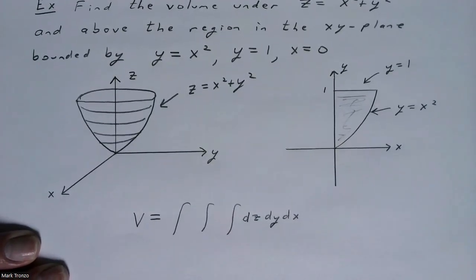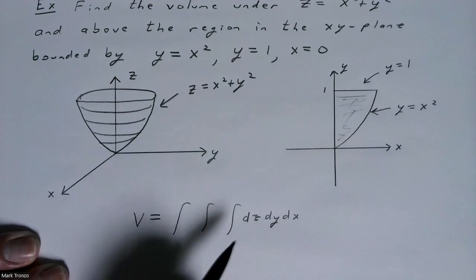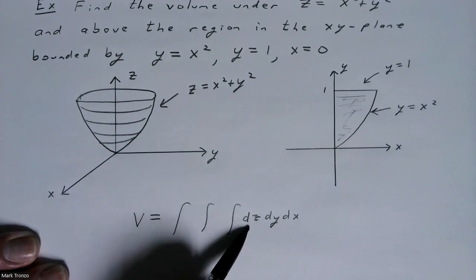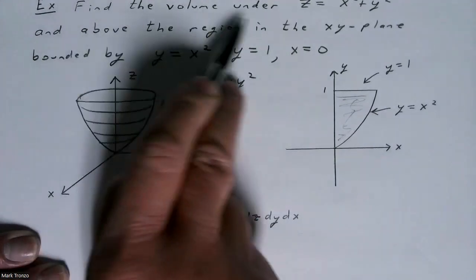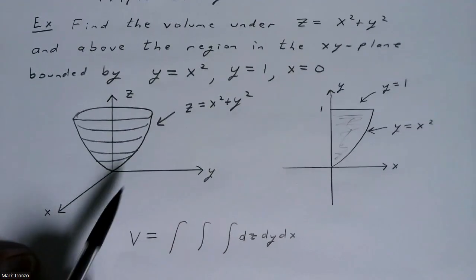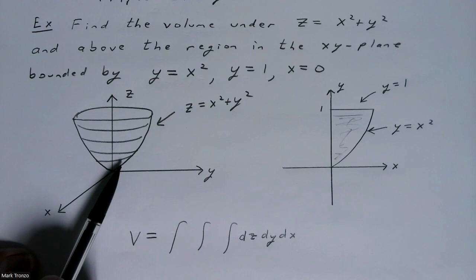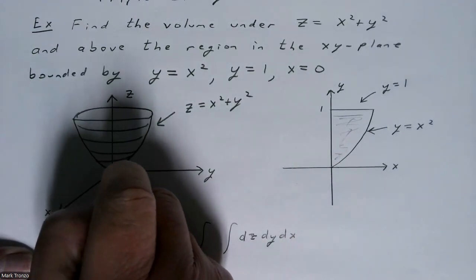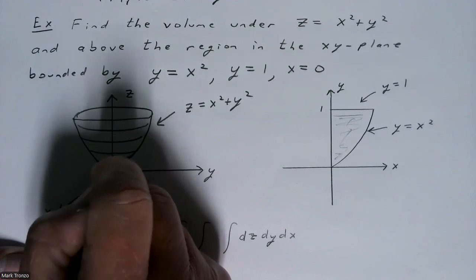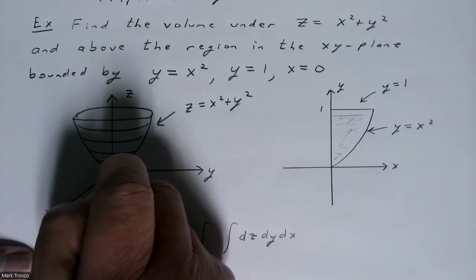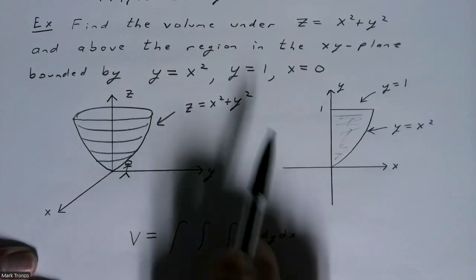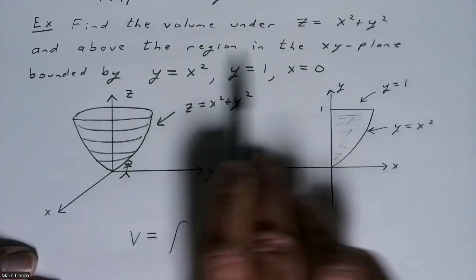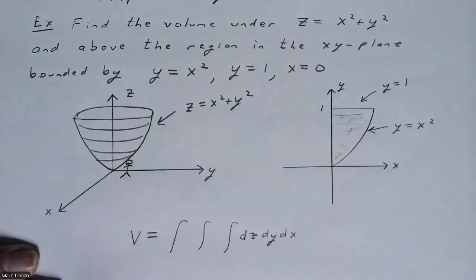Now, in this case, if we do z first, the best way to handle this is to imagine yourself standing in the region that you're finding the volume for. So you want the volume under this surface and above this. So just imagine standing down here like this. And again, we want above the region in the xy plane.